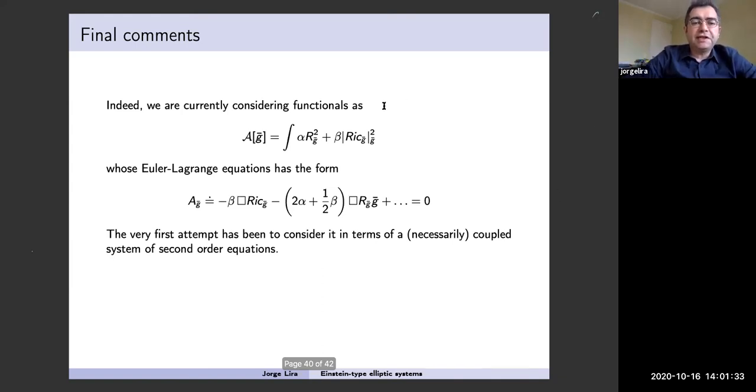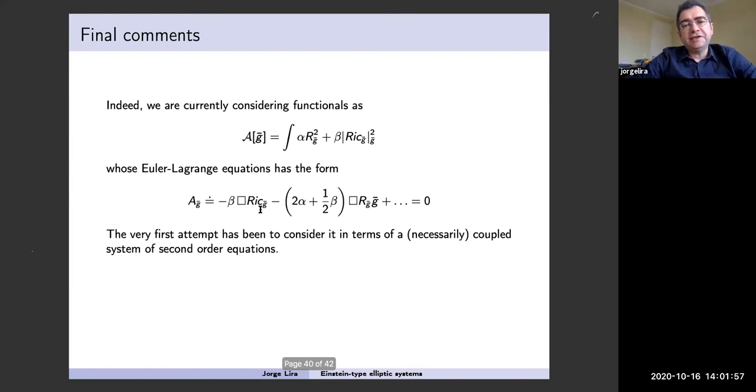And then the point is that you are considering quadratic energy functionals like that, instead of considering the classical Einstein-Hilbert equations. You are considering these kinds of problems here. And the idea is that if you make the Euler-Lagrange equation for that, you have some sort of fourth order Ricci Einstein tensor.